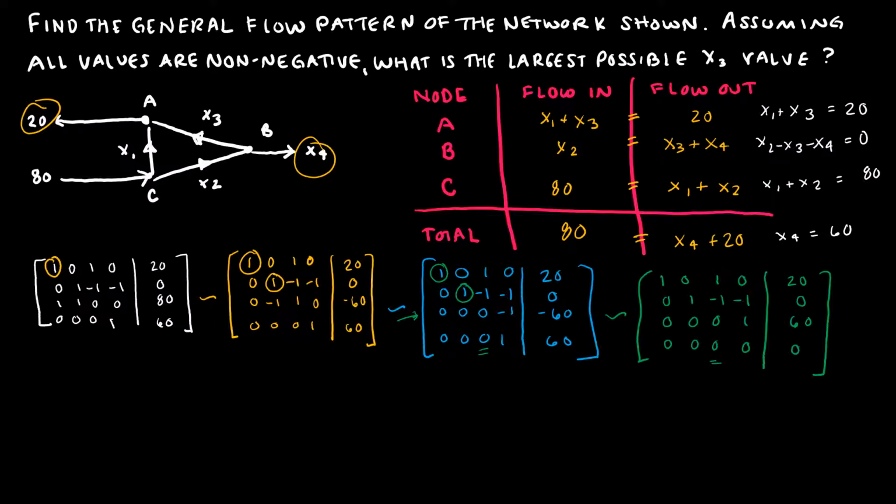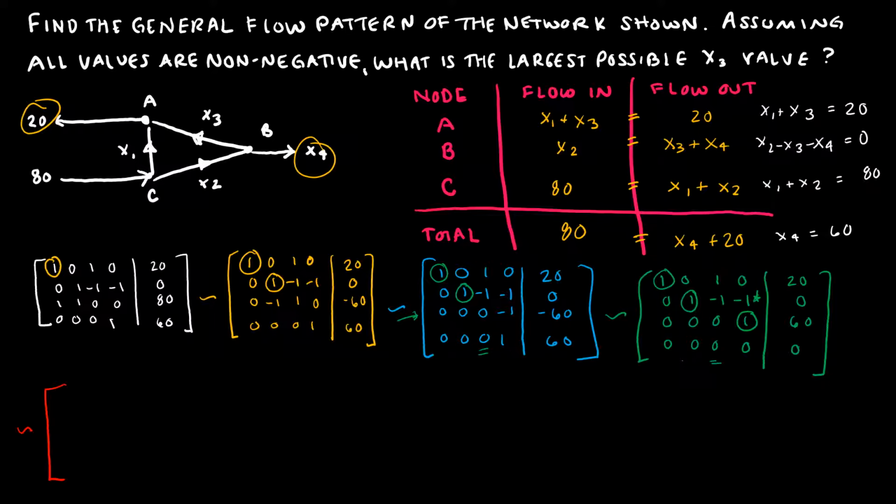But now I have to continue because I have a pivot here and all the zeros are good, and I have a pivot here and all the zeros are good. But obviously we have a problem right here at negative 1. So my next operation is to add rows 2 and 3 together.